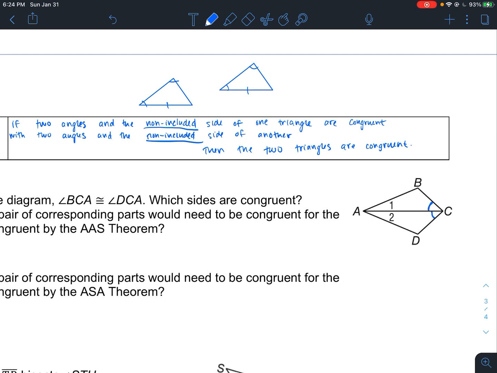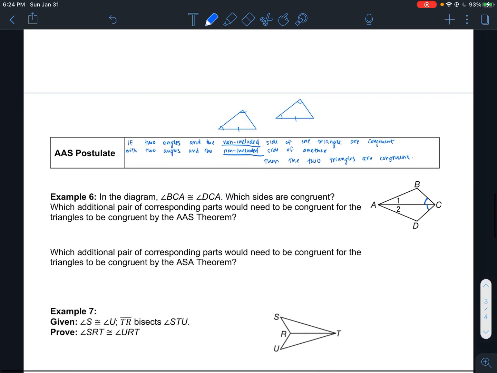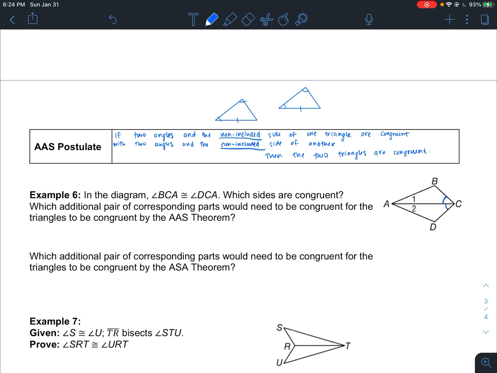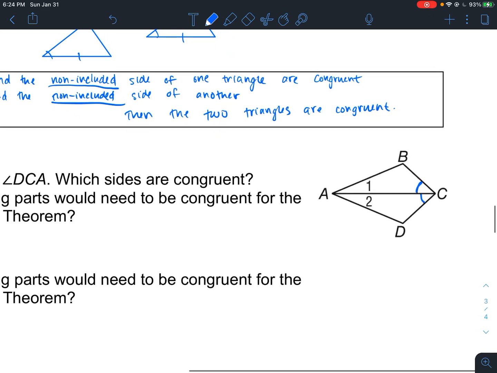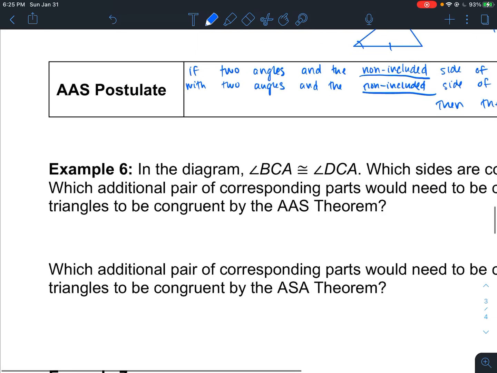Which sides are congruent? Those two angles are congruent. We also know that this side right here, AC, is congruent with AC, and I know that because of the reflexive property.